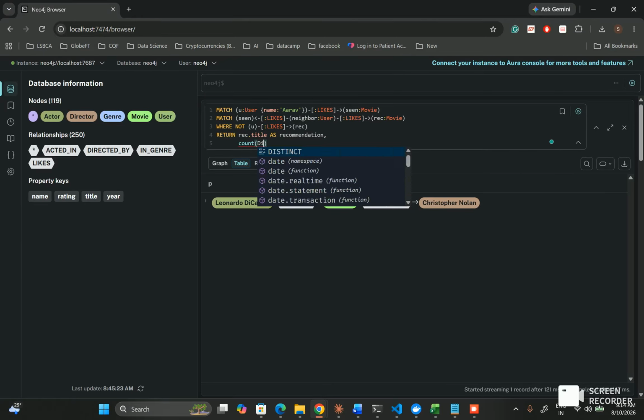Let me write, then I'll explain properly. COUNT DISTINCT neighbor AS strength.